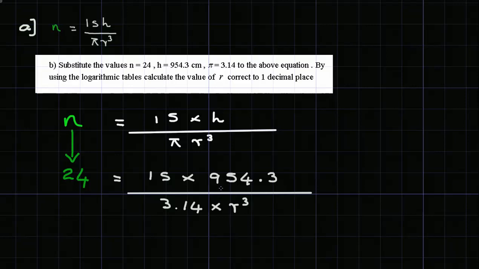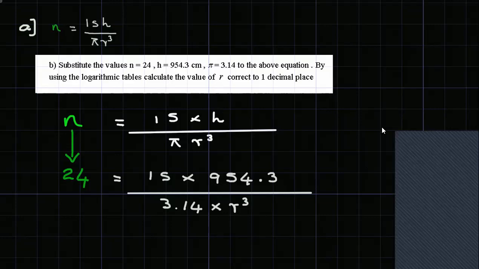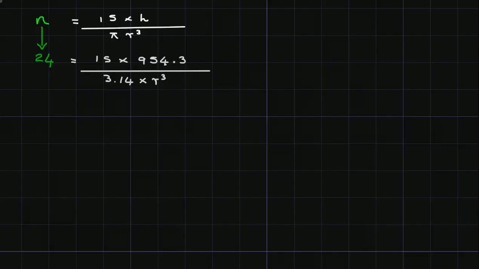How can we get it? Let's put it to the other side. So let's see how it works. When we put r cube to the other side, what would it be? It's going to be multiplication r cube.